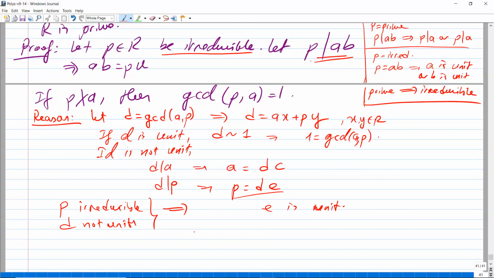E is a unit, so therefore we may write D as P times E inverse from this identity.